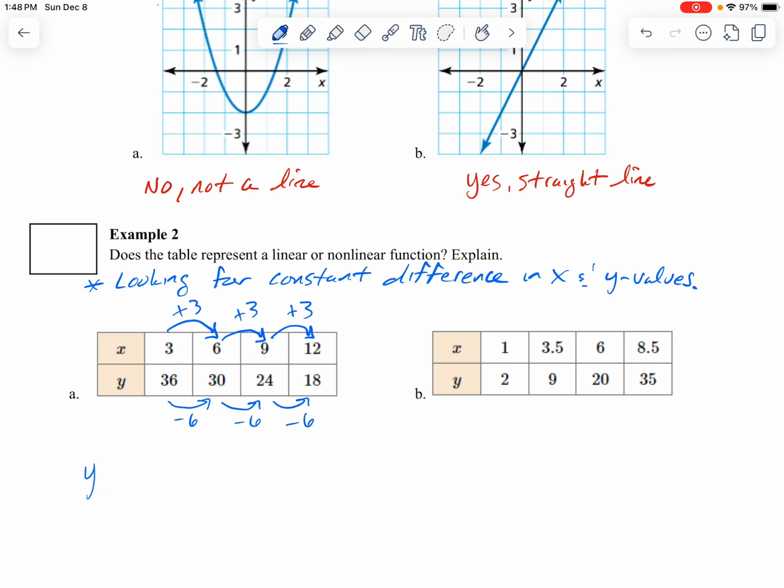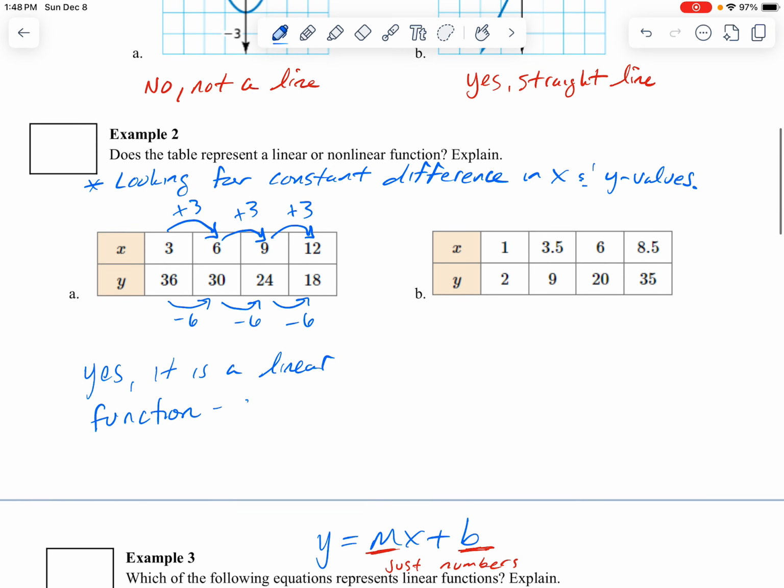So yes, this is a linear function because there is a constant difference in the x's and the y values. And it has to be addition or subtraction. It can't be multiplication. It is a constant difference.